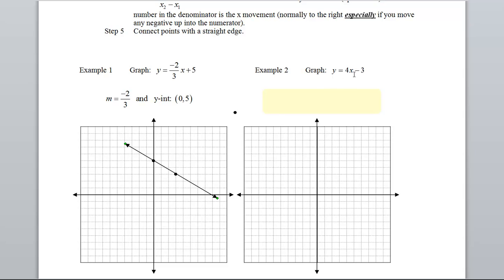I've got y equals 4x minus 3. Again, it's in the correct form. So indicate your slope in fractional form and your y-intercept. I've got to go down to 0, negative 3. That's not bad. And now with my slope movement, I go up 4, right 1.